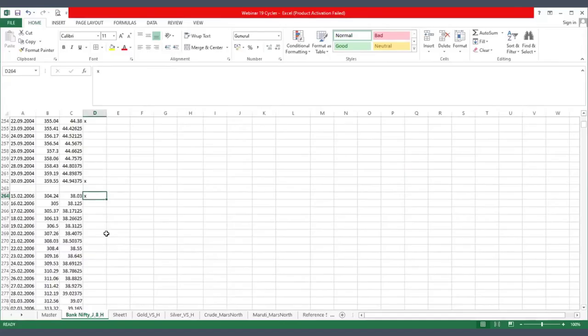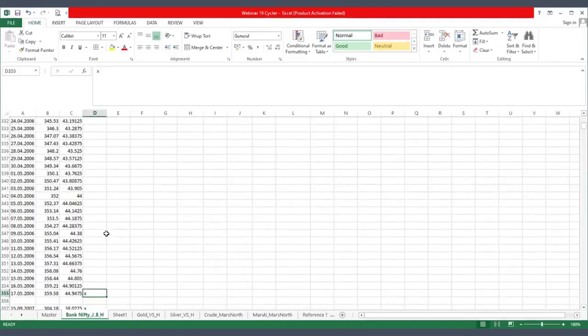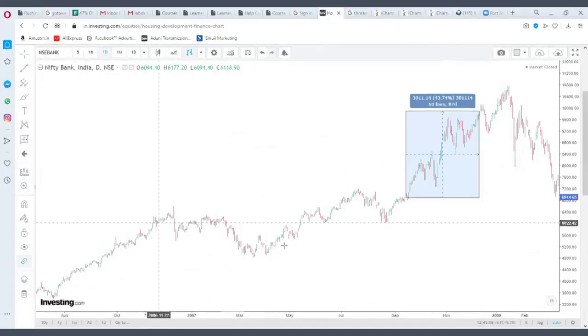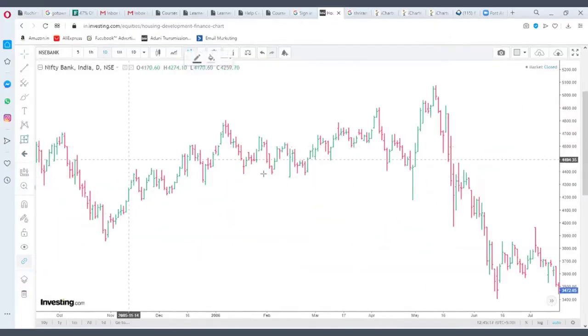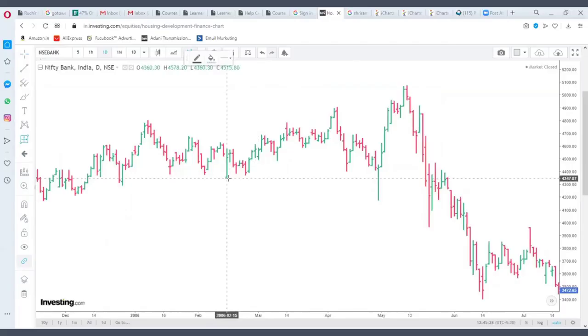Yes, so 15th of February 2006 and 17th May. 15th February 2006. On 15th February, we have made a low, but this opening price you see is the lowest, which is sometimes a fake price.